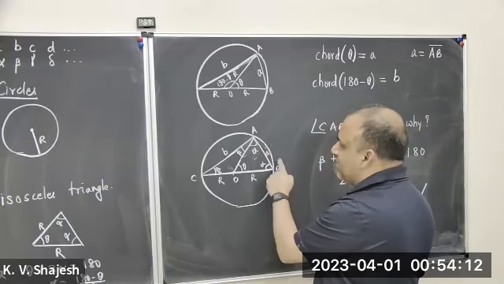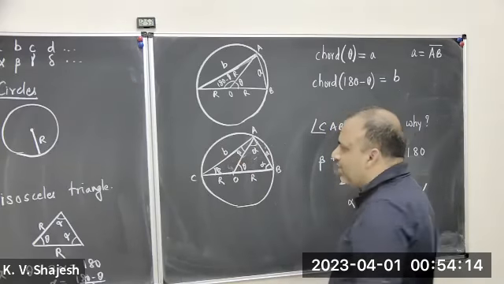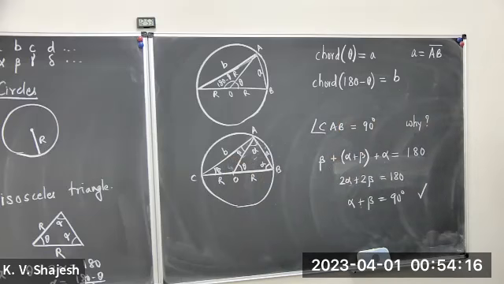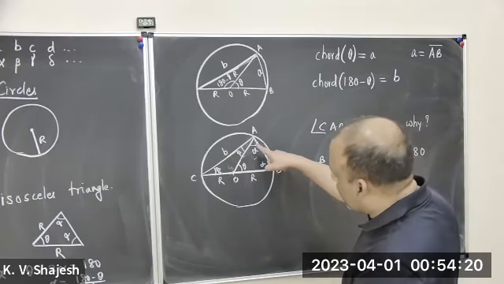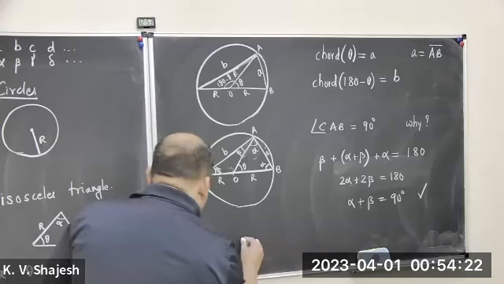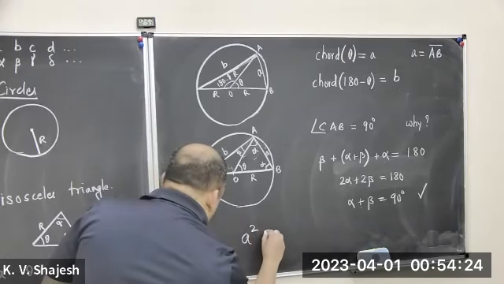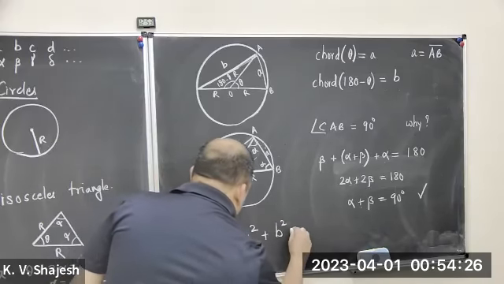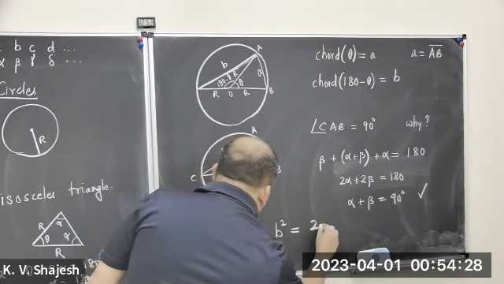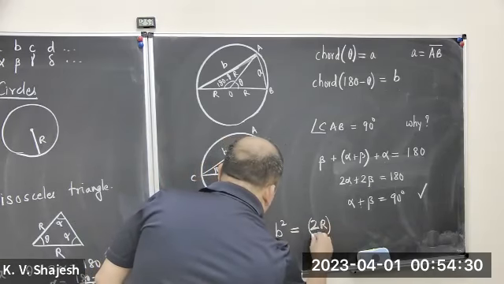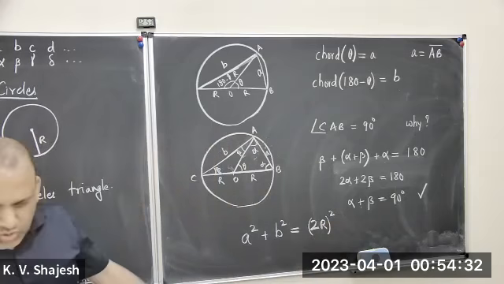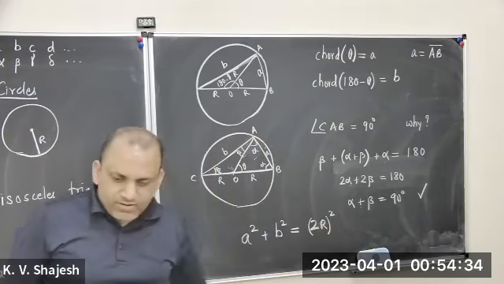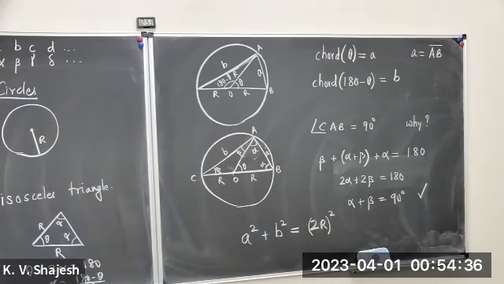And after that, you are perfectly right. Once this is 90 degrees, a square plus b squared is equal to 2 times r squared, right? Once you know this is 90 degrees, immediately you conclude that a square plus b square is equal to (2r) squared. It's basically the diameter squared. Is that clear? So notice the logic I'm using.